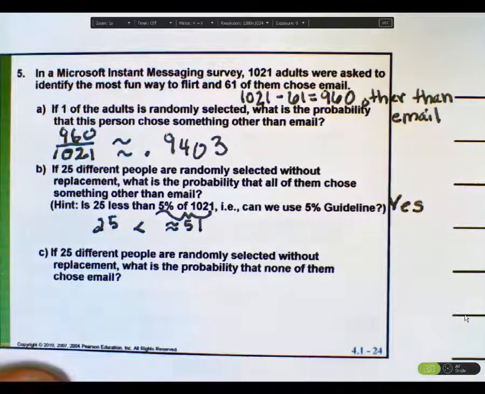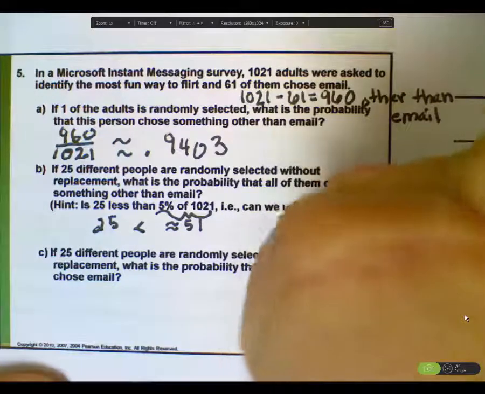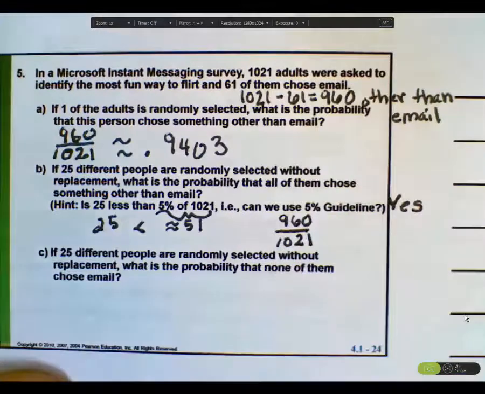We can assume that the sampling is done with replacement so that the draws are independent of each other rather than without replacement. So the probability that one person chose something other than email, we've already said that's about, well, exactly 960 out of 1,021.